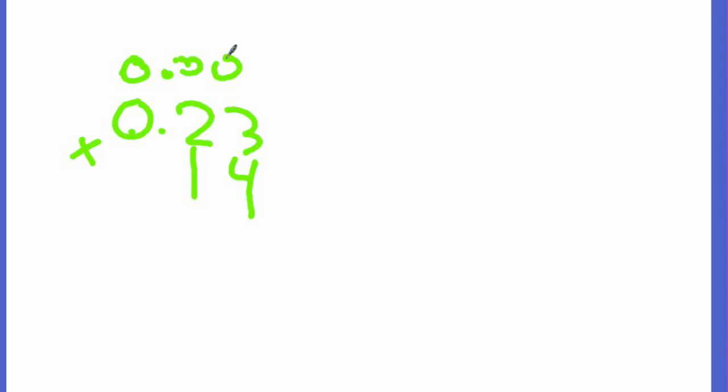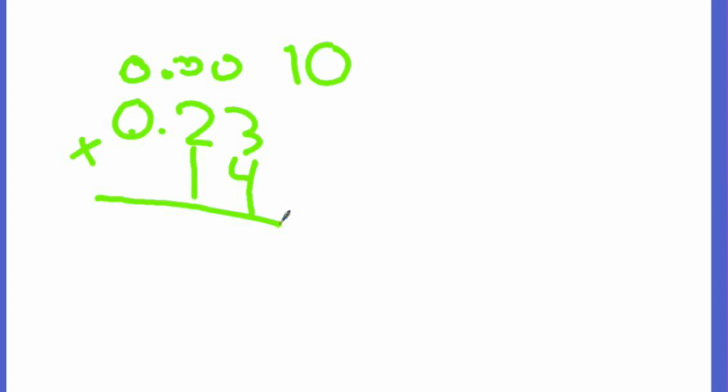And 14 rounds to 10. And we times it. So the estimated answer would be 0 because 0 times 10 would be nothing.